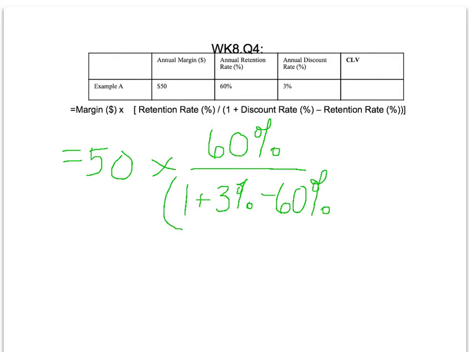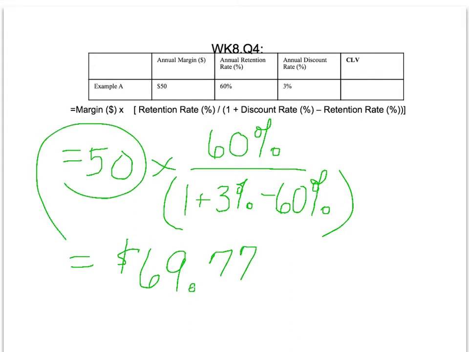So when you execute that formula, what you get is 50 multiplied by some multiple around 1.4 to give you a customer lifetime value of $69.77. Seems weird that a customer generating $50 every year is only worth $69.77 over their lifetime.